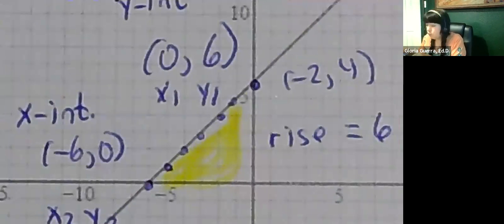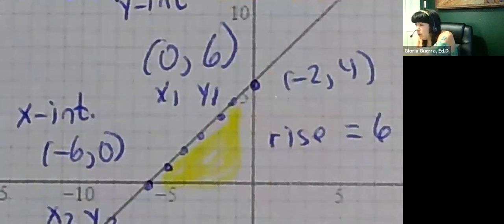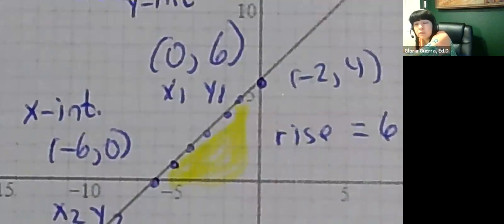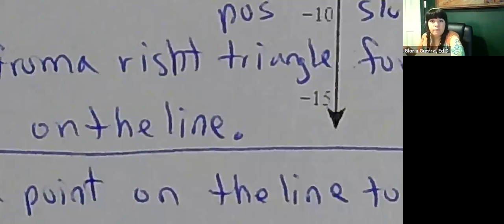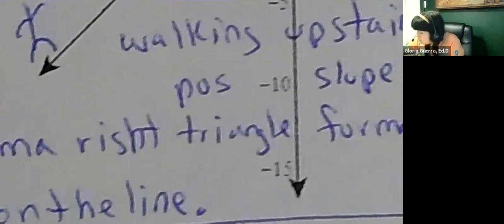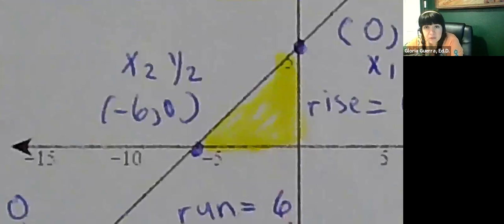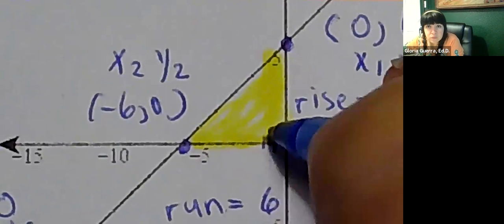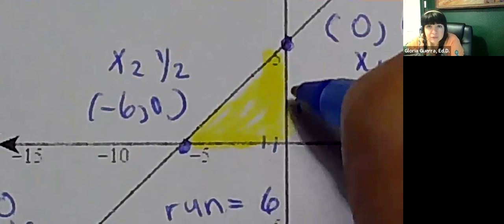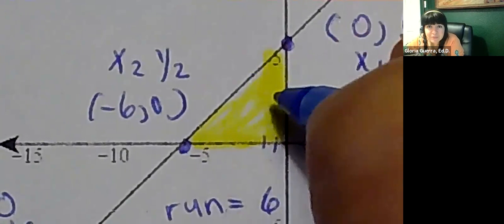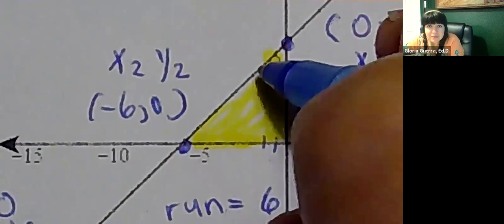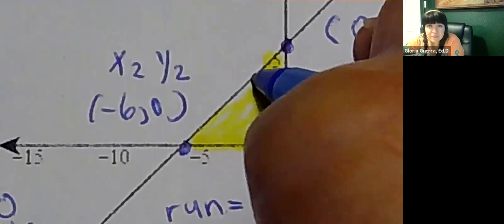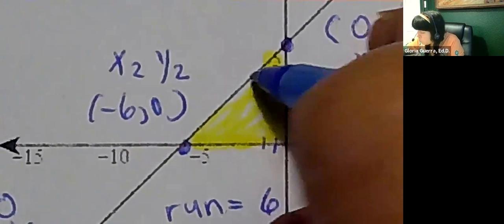On the -2, 4. So if I highlight that here, so I can try and estimate. I'm not going to do a very good job, but let me just try and estimate. Let's just say -2, 4.